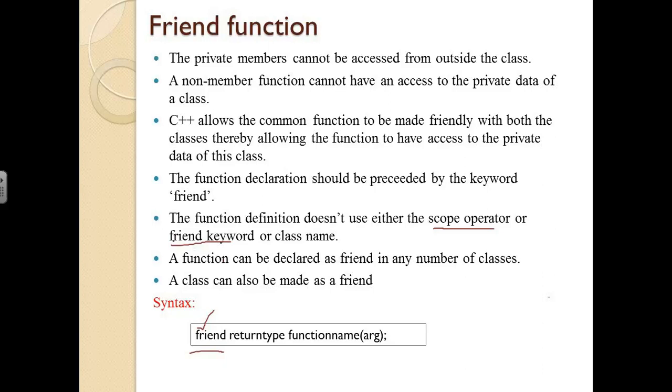Remember, function declaration is different from function definition. Whenever we declare a friend function, there I have to keep the friend keyword. But when I define it, the friend function is defined outside the class declaration part, so we won't use the scope resolution operator or the friend keyword.